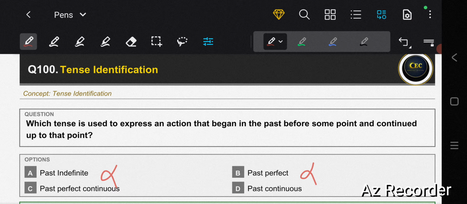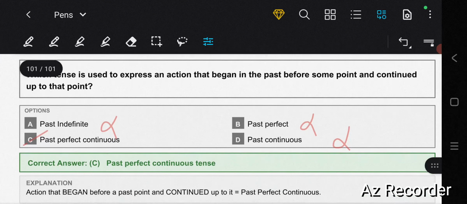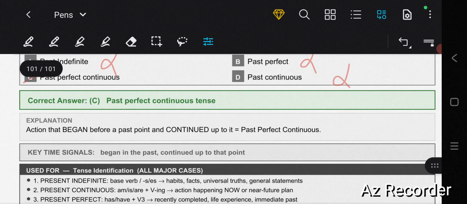So, began in the past before some point and continued up to that point. Okay, so it should not be past continuous, but it will be the correct one, option C for the question. I think you got the appropriate option.